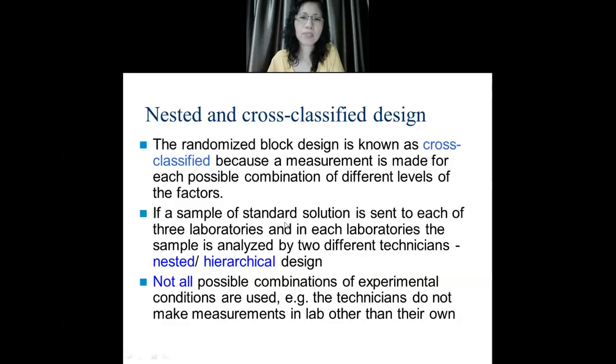If a sample or standard solution is sent to each of 3 labs, and in each lab the sample is analyzed by 2 different technicians, this kind of design is called nested design or hierarchical design. Not all possible combinations of experimental design are used. For example, the technicians do not make measurements in a lab other than their own.